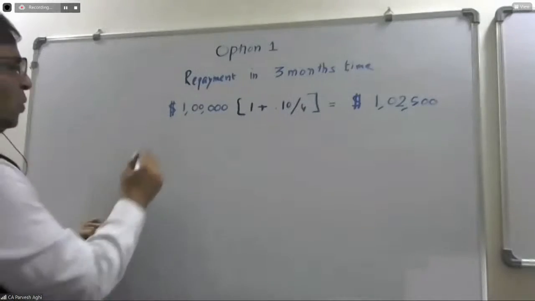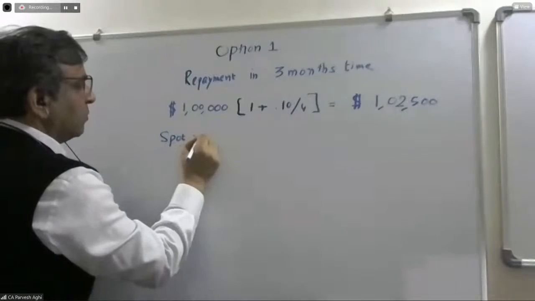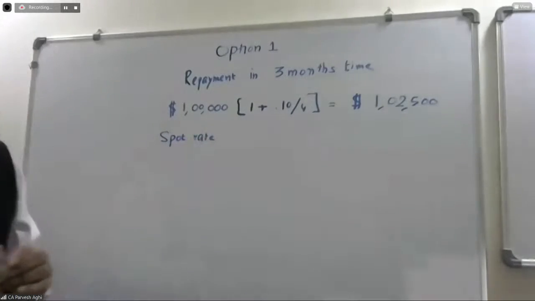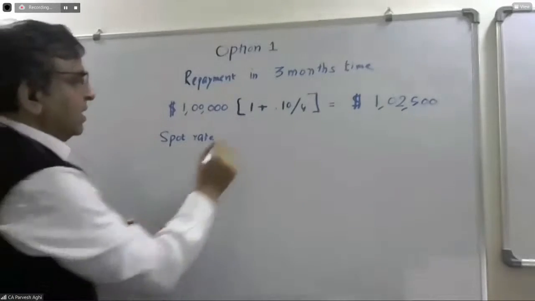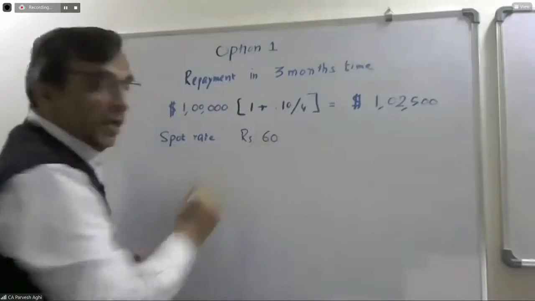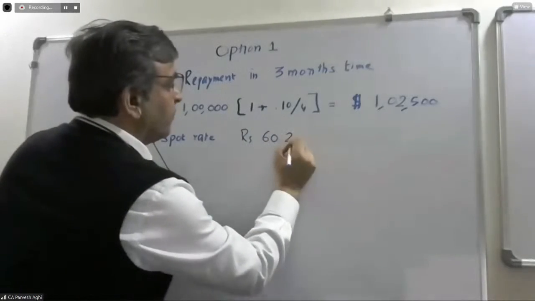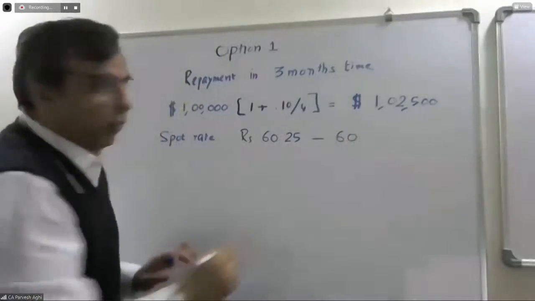Now we know the spot rate which is given. The spot rate given to us is rupee 60.25, 60.55.